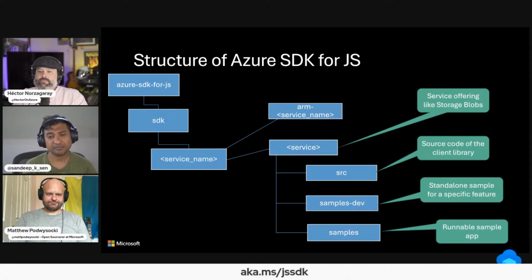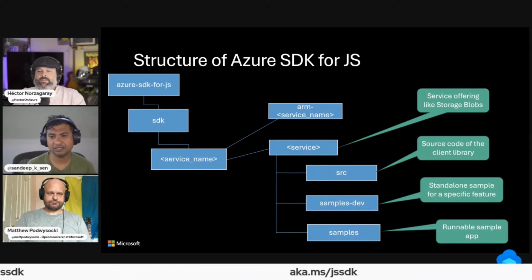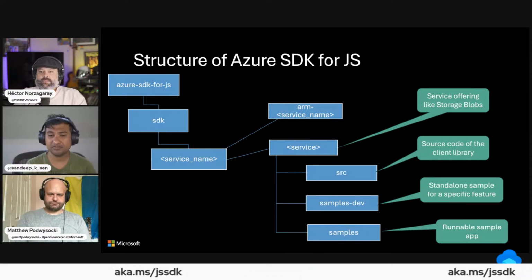Next to that, on the same level, you'll find the service directory. This service directory is our offering for that service. Like in storage, we have storage blobs, storage files, and storage queues. So this directory would be named something like storage blobs.